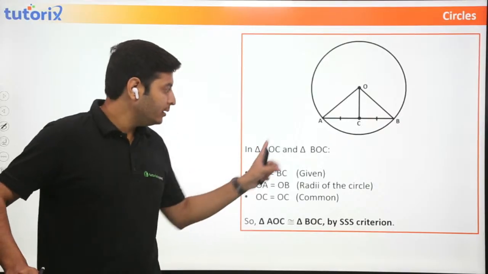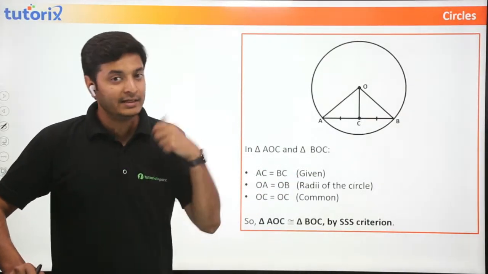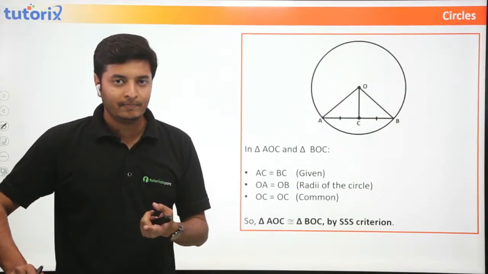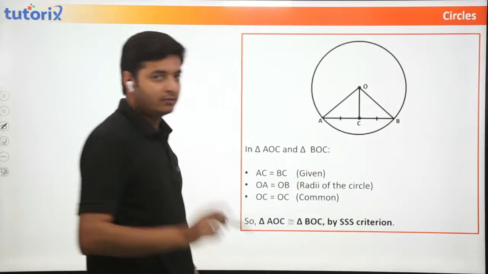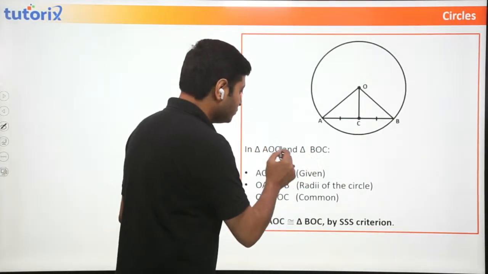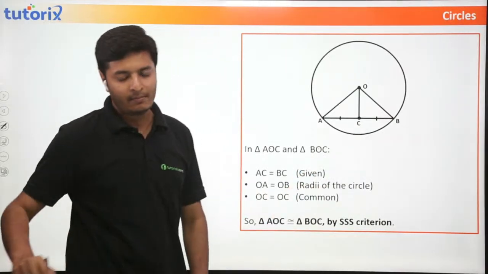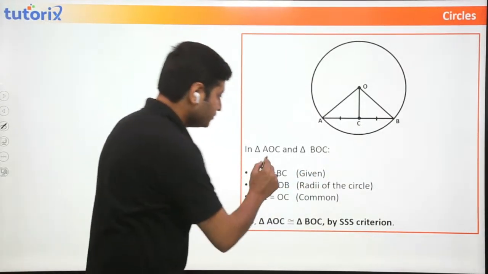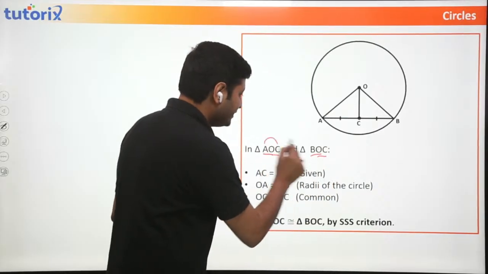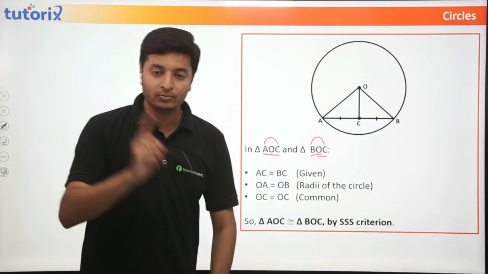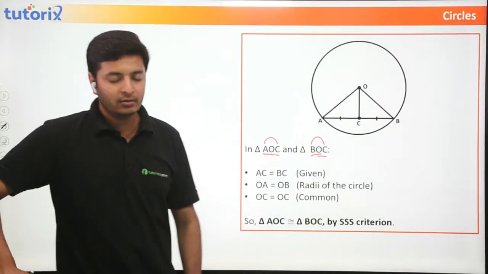The corresponding parts should match in the naming also. Essentially, you are saying that angle A is equal to angle B, O is equal to O, C is equal to C. Also, AO and BO are equal, OC and OC are equal, AC and BC are equal. So please be very careful about the naming of the triangles.